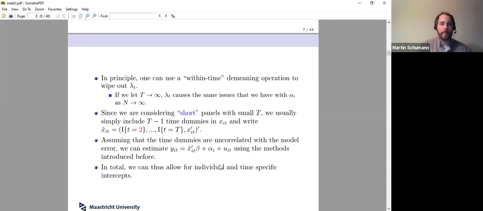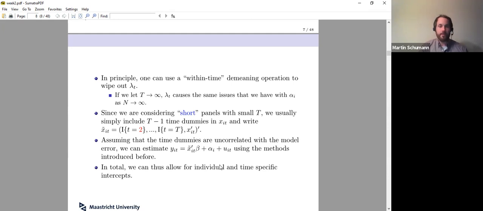Now, in principle, we can use the same ideas as we used for the fixed effects estimator. If you remember, for the fixed effect, this within transformation simply used the idea that the alpha i doesn't change across time. Therefore, if we subtract the time average from each observation it, the alpha i will drop out.